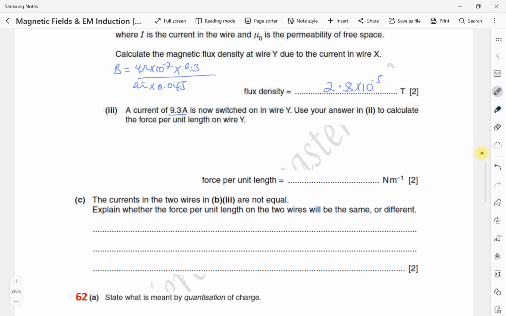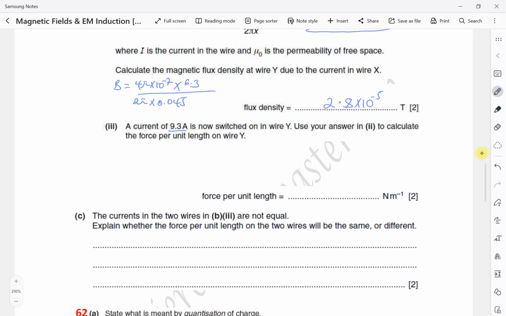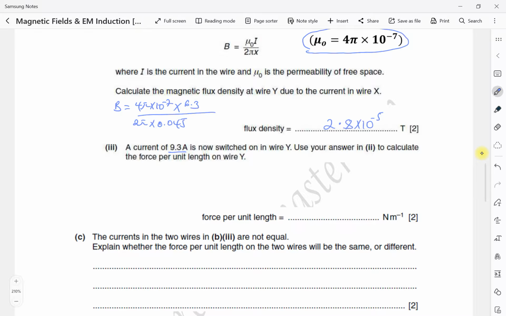Use your answer in Roman 2 to calculate the force per unit length on wire Y. Of course, the force per unit length on wire Y is the same as the force per unit length on wire X. So force, we know, is going to be BIL sine theta.